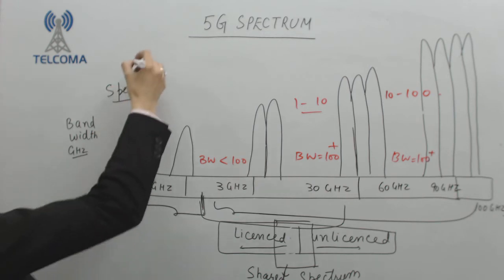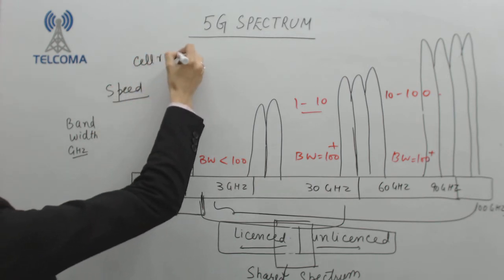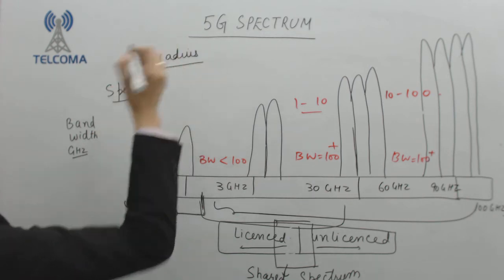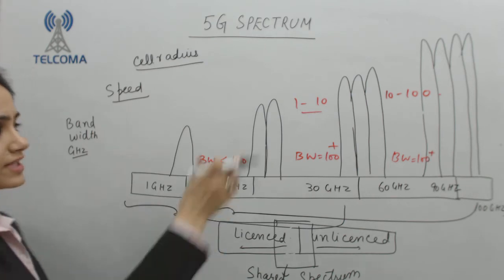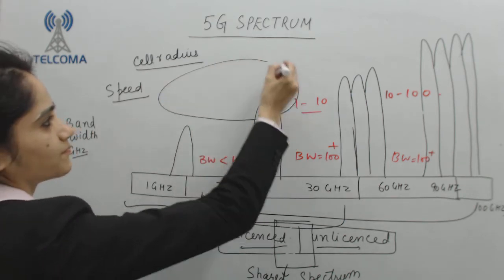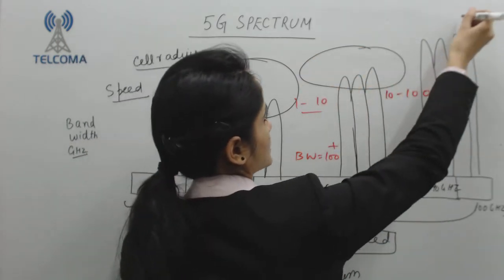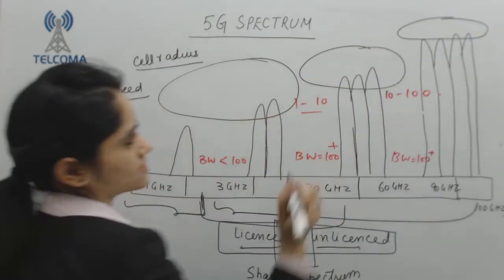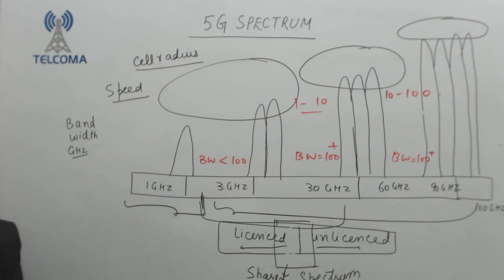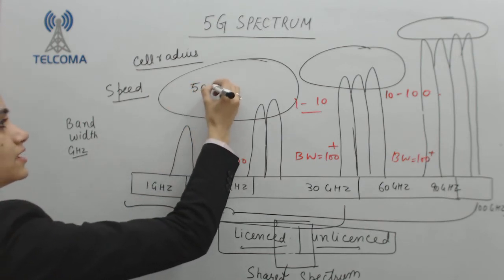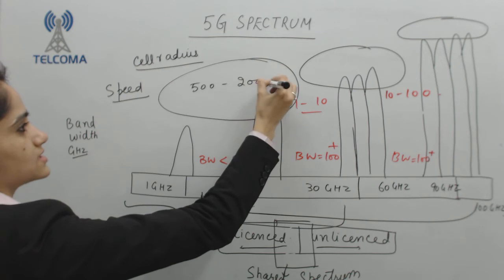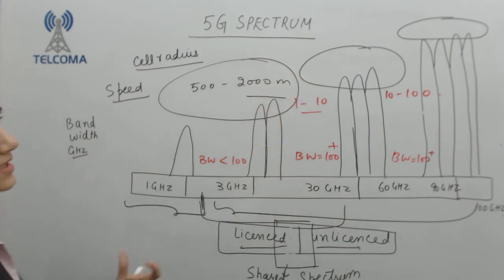Now if I focus upon cell radius. Cell radius is more within this category, and cell radius will decrease, and at this end I have more decreased cell radius. Like I have 500 to 2000 meters cell radius within this range.